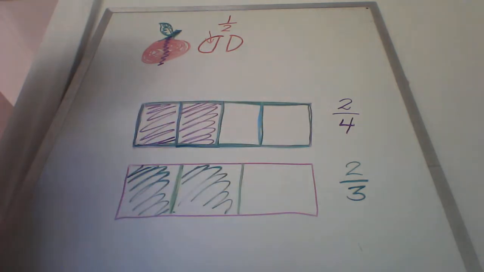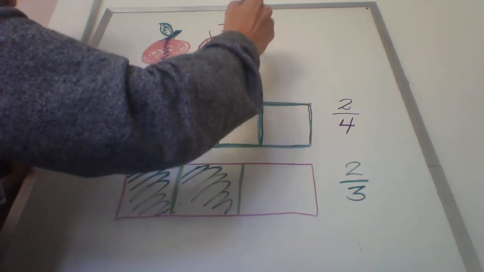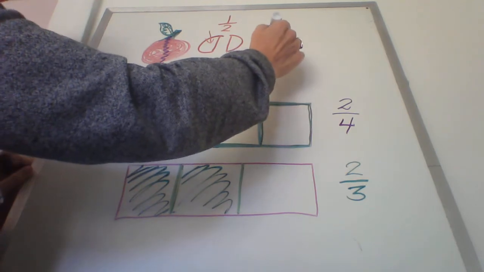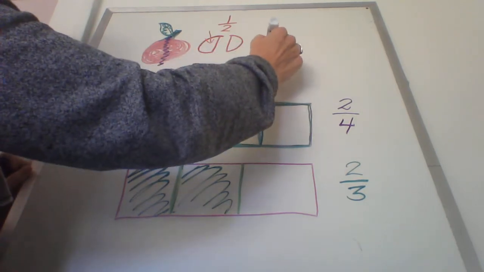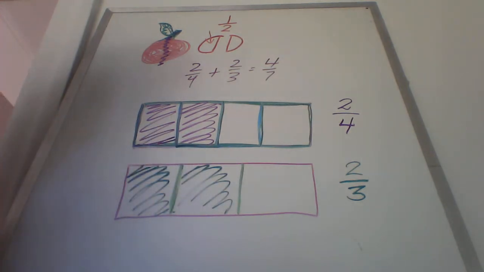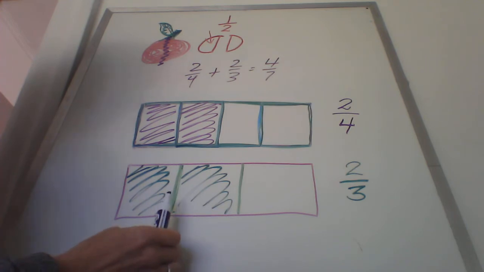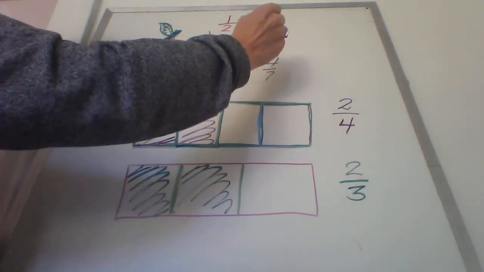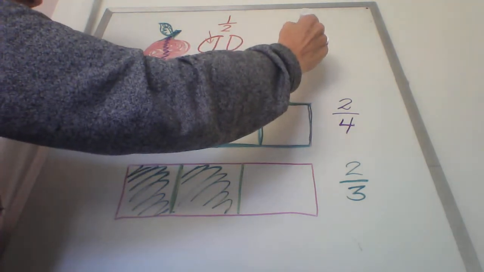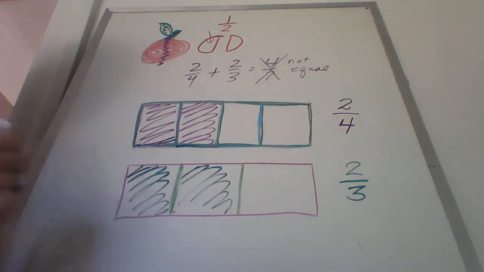So if we added 2/4 plus 2/3, and we think we're just going to add the top and bottom, it would be 4/7, right? 1, 2, 3, 4. But on understanding, these parts aren't equal. So this can't happen, because it's not equal. People would not be getting equal parts, okay?